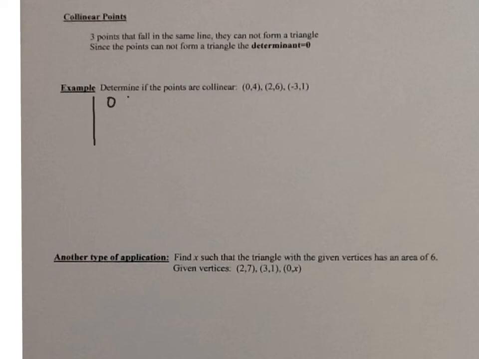So it's [0, 4, 1; 2, 6, 1; negative 3, 1, 1], sorry. Okay, so we're going to start with minor 1,1. Minor 1,1 would be 6 minus 1, which is 5. Cofactor 1,1 is going to be positive 1 times 5, which is 5.